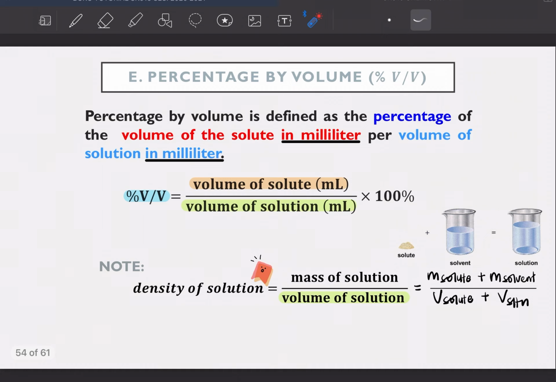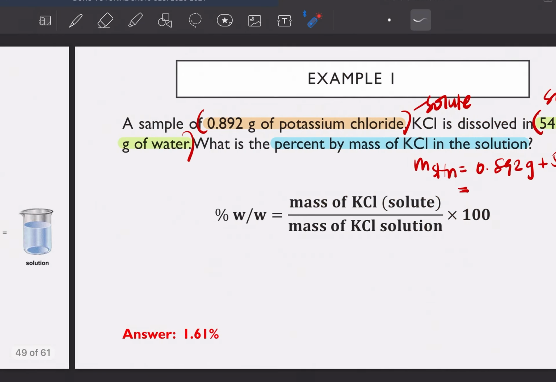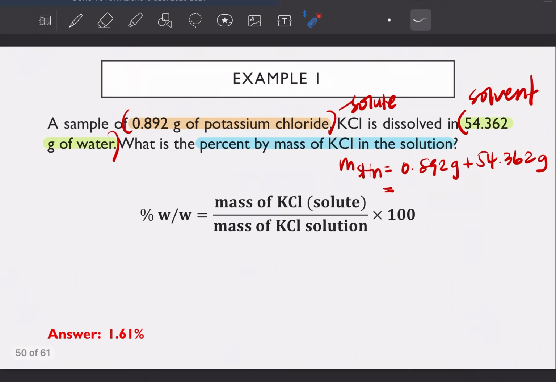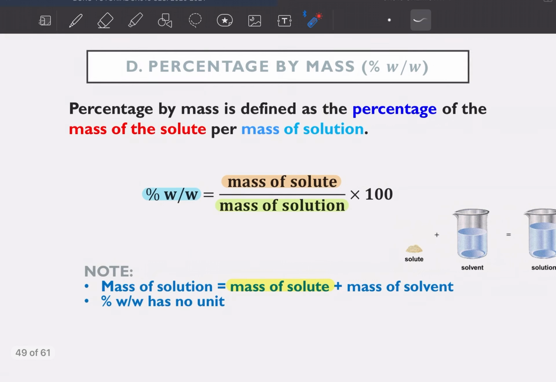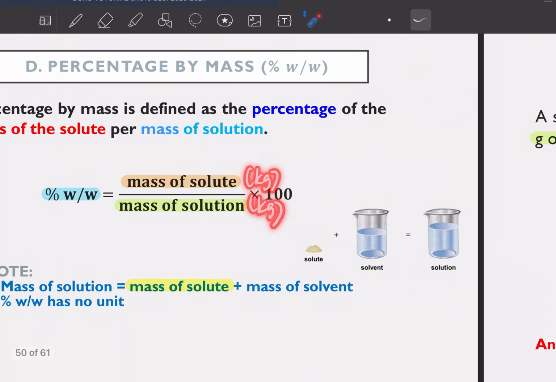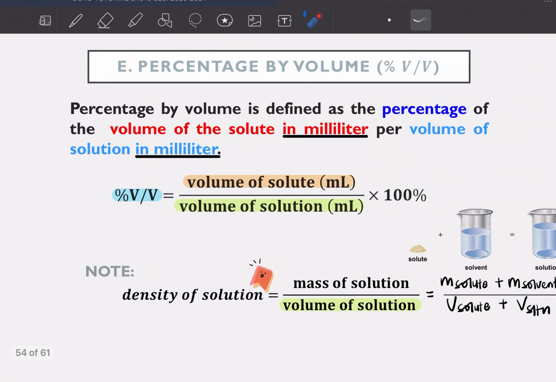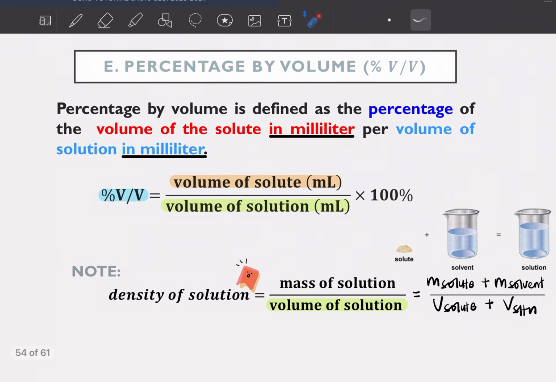Okay, finally we have percentage by volume. Earlier was mass, now volume, but it's more or less the same. Earlier, the percent did not specify whether it is in grams or kilograms, but you just have to make sure both are in grams. If in kilograms, both in kilograms. But for percentage by volume, your volume of solute and volume of solution must be in milliliter.